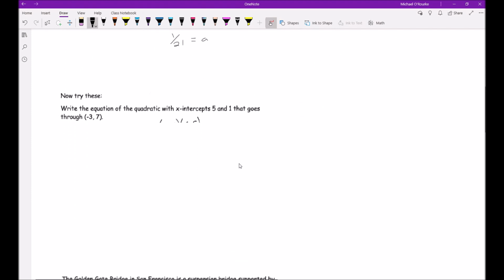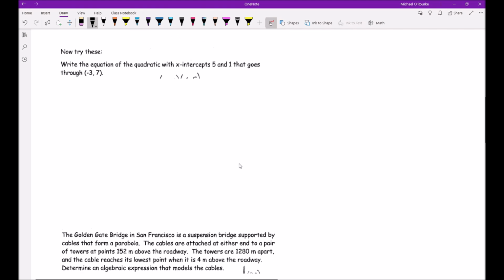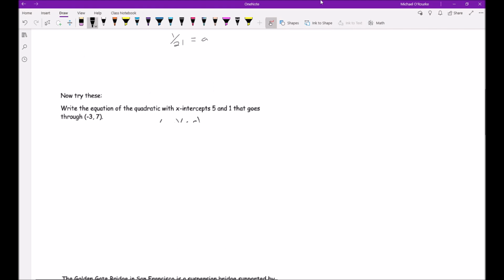So let's go through this again. Okay? I'm going to write the equation up here again. Y equals a bracket x minus r, x minus s. Okay?